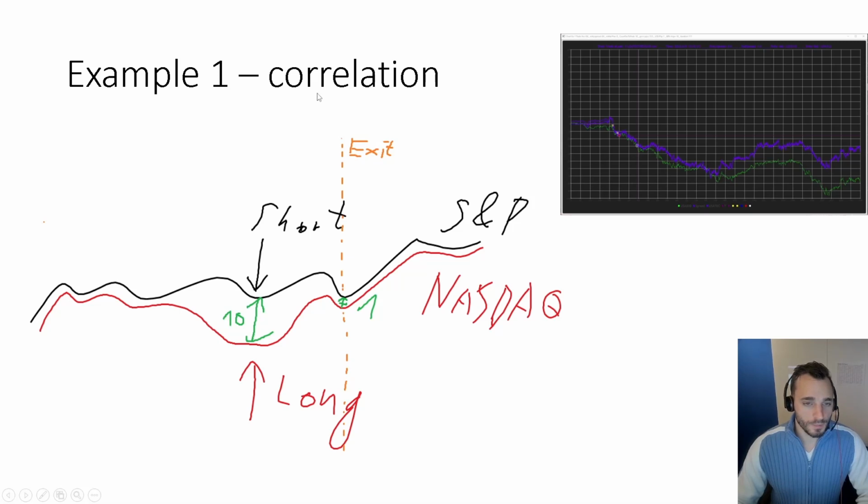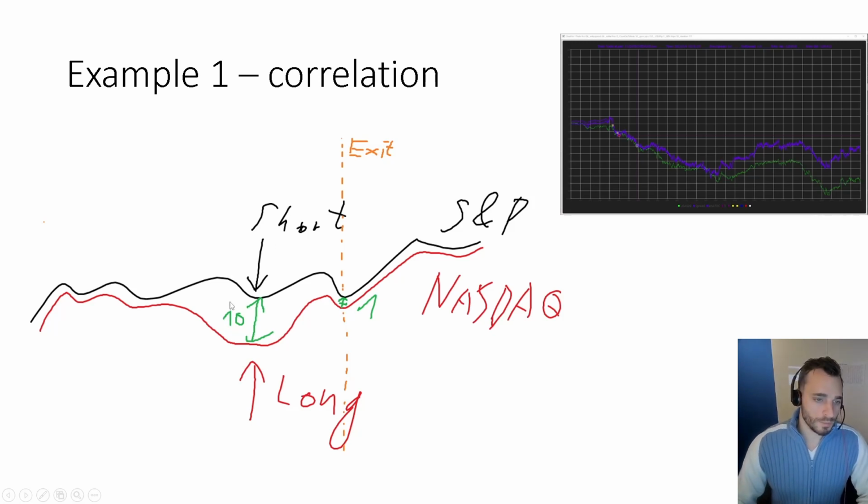First example of an idea. The correlation between S&P 500 and Nasdaq. Everybody knows, or we think, they both run the same the whole day. And we can do something like arbitrage trading or a sure bet, as it's called in sports betting.